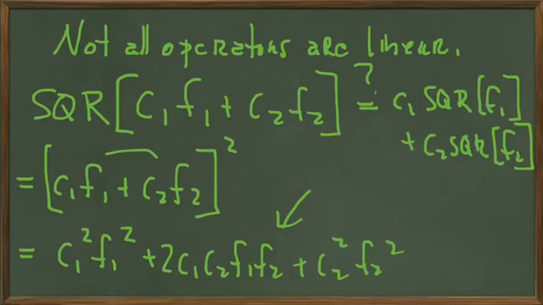Here would be the square of f1, so this part is okay, and this part is okay. So those f1 and f2, those are okay, that's what we want. That's the square of f1 here and the square of f2 here. But here's the problem, right? c1 is squared and it's not supposed to be squared. c2 is squared, it's not supposed to be squared. And then there's all this other stuff that's not even supposed to be in there. So the square operator is clearly not linear.